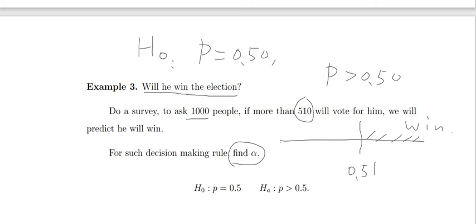But we always set H0 as equal, so p equals 0.50. HA is that the percentage is larger than 50, which is when we believe he will win. H0 is still a half chance, so we cannot say he will win.